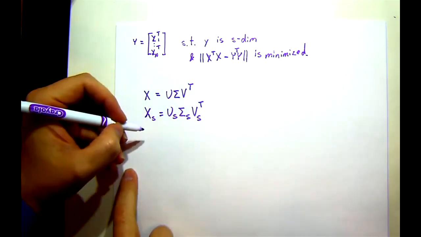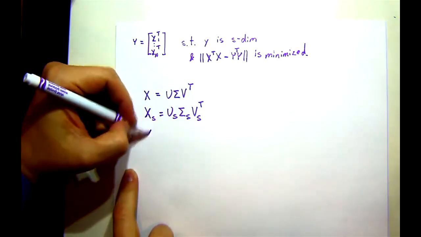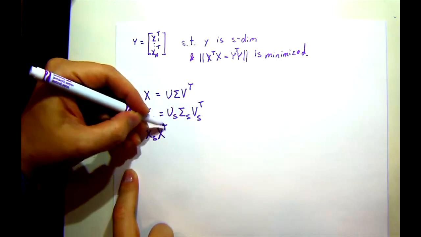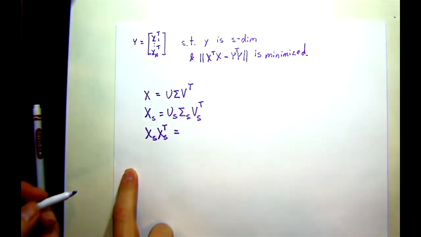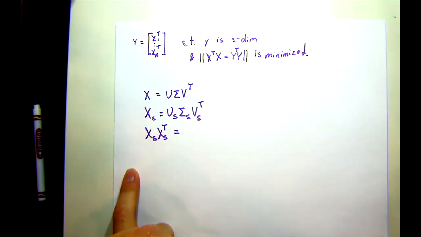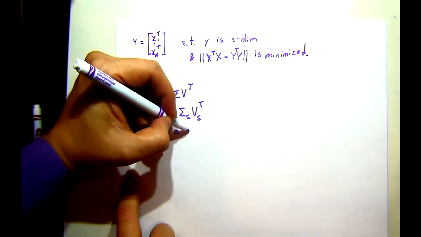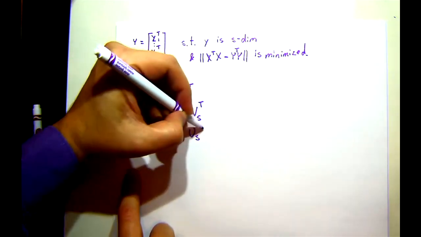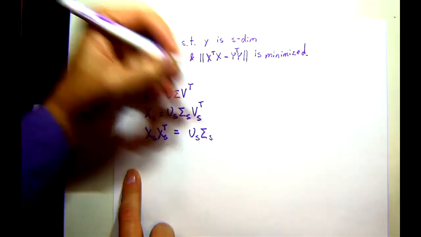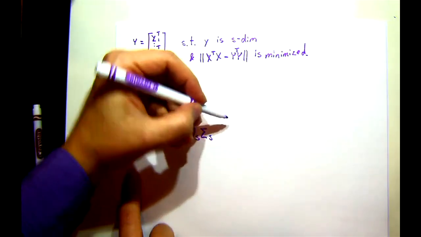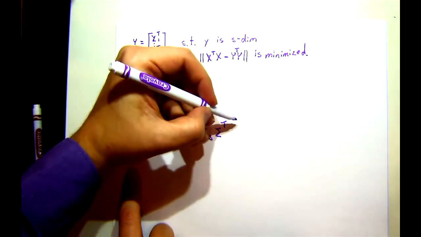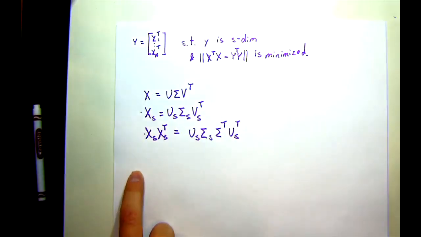And then we're going to define, or we can look at, X_S X_S^T. Sorry, I was just confirming that that's in the right order. It is. That was not what I was expecting. So we're just plugging in this for this, and we end up with this expression.